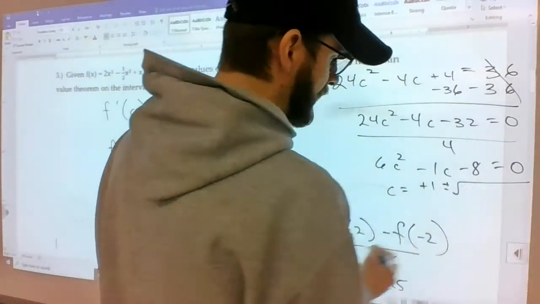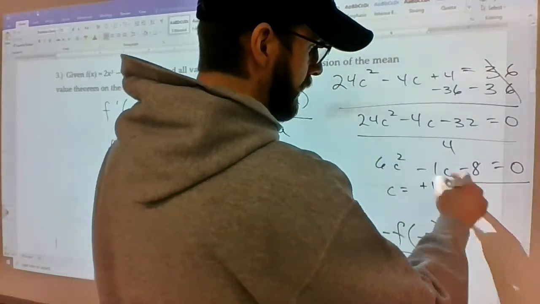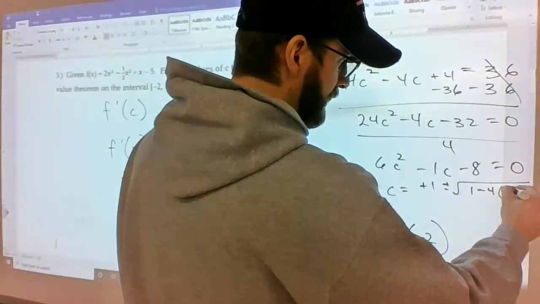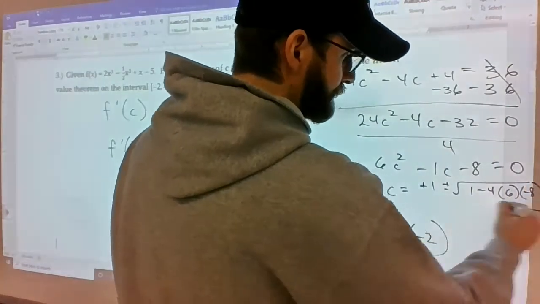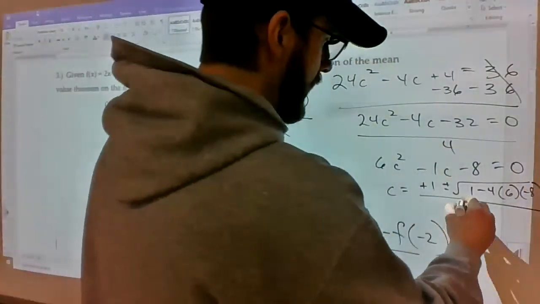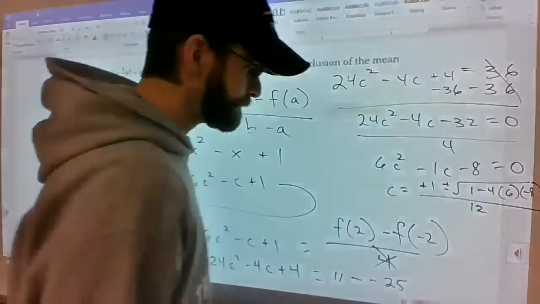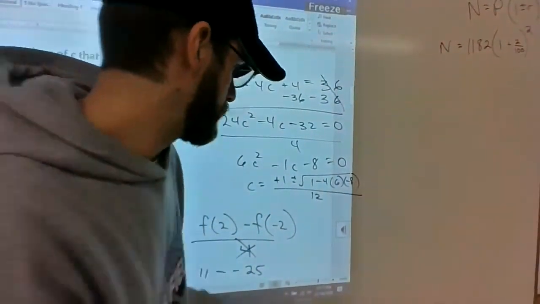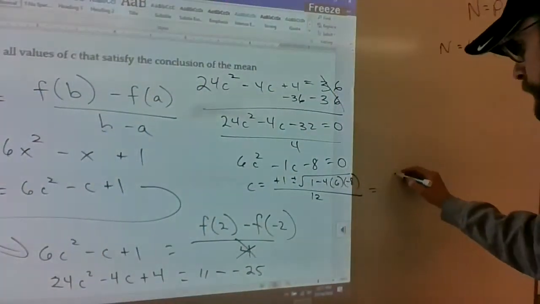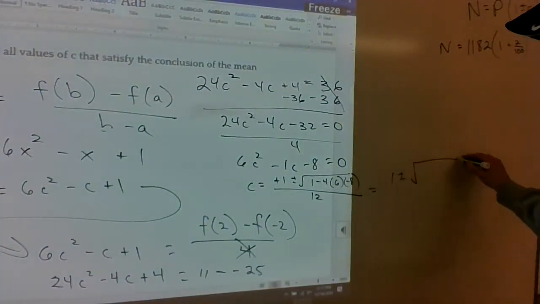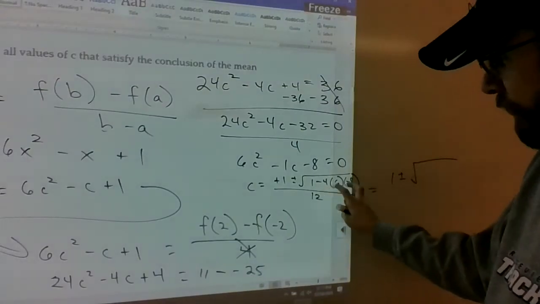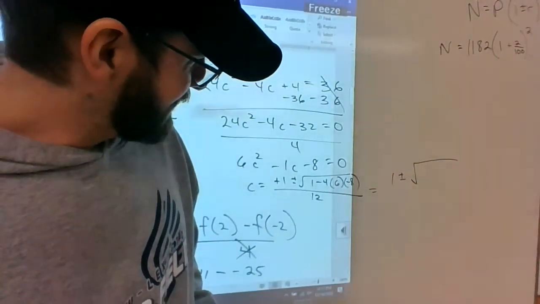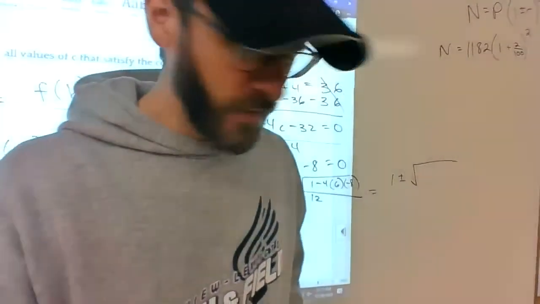Negative b plus or minus the square root of b squared, negative 1 squared is 1, minus 4 times 6 times negative 8. That's your 4ac. And then 2 times 6 is going to be 12. So then this equals 1 plus or minus the square root of, let's see, 24 times 8 should be, I think, 192?